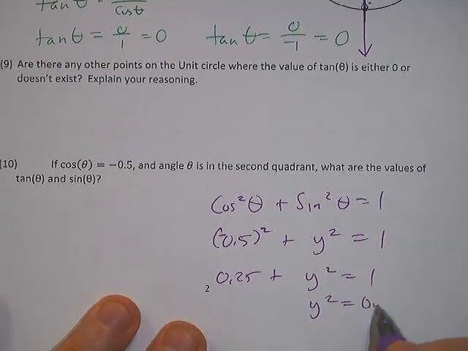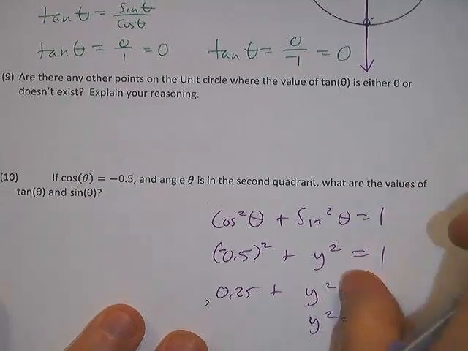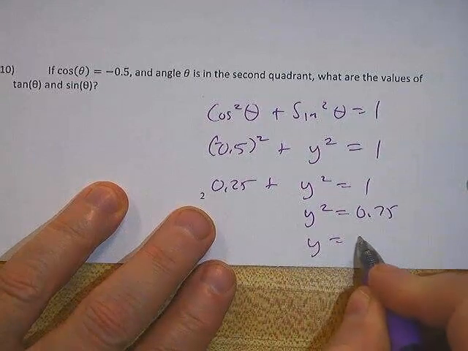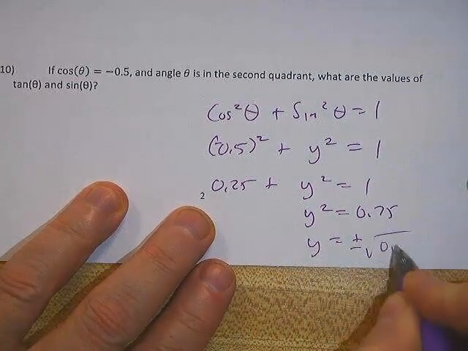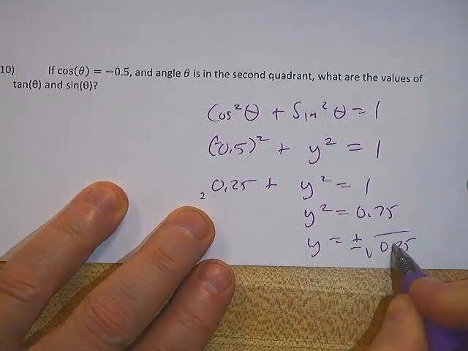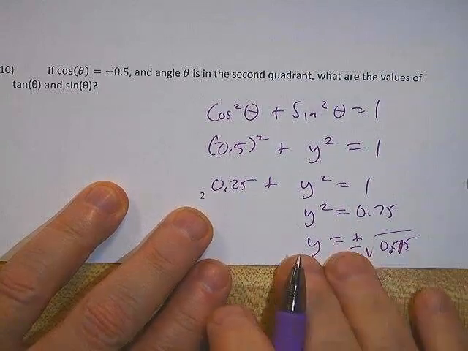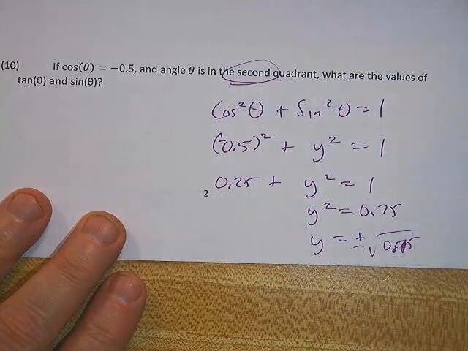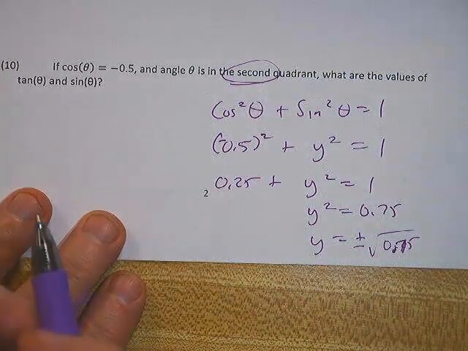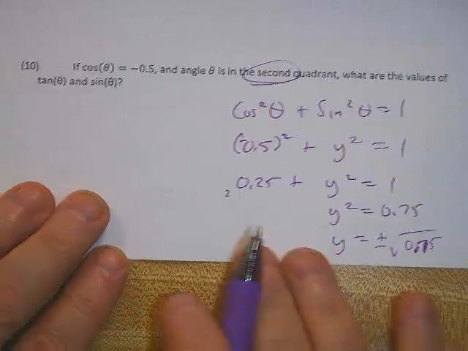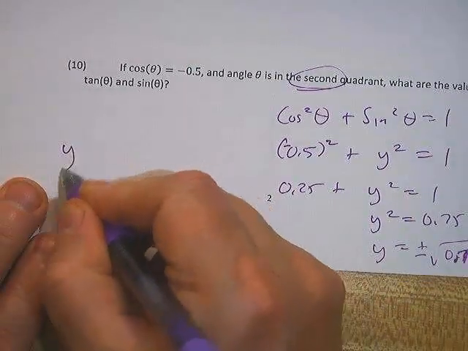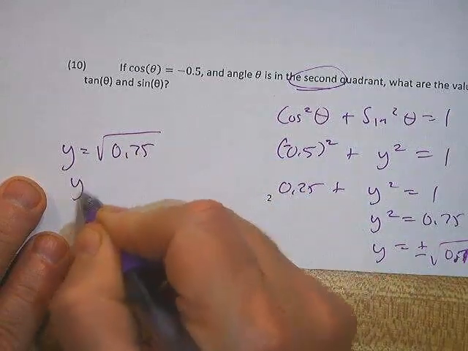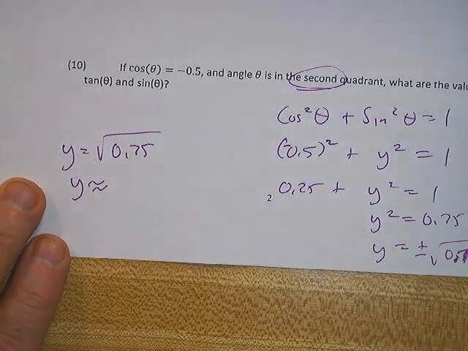And then if I subtract, I get 0.75. Now I take the square root of it, and I get plus or minus the square root of 0.75. We're in the second quadrant, so that means sine, the y value, will be positive. So the final answer is y is equal to the square root of 0.75. It's going to be positive since you're going up.